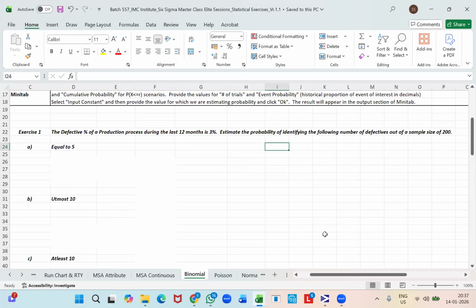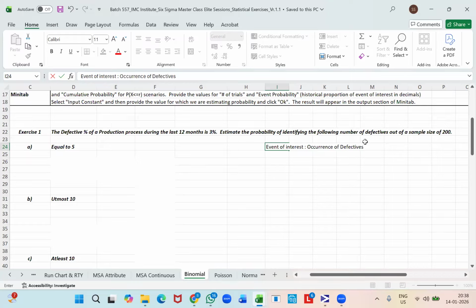For that, we first need to identify the historical performance metric that has been given, or in other words, the event of interest. What is the event of interest in this exercise? We are talking about defective percentage as the historical performance metric, and we have been asked to estimate the probability of obtaining a certain number of defectives. So the event of interest is the occurrence of defectives.